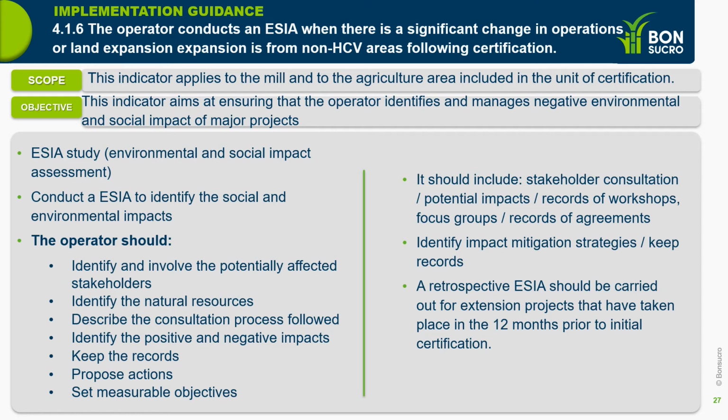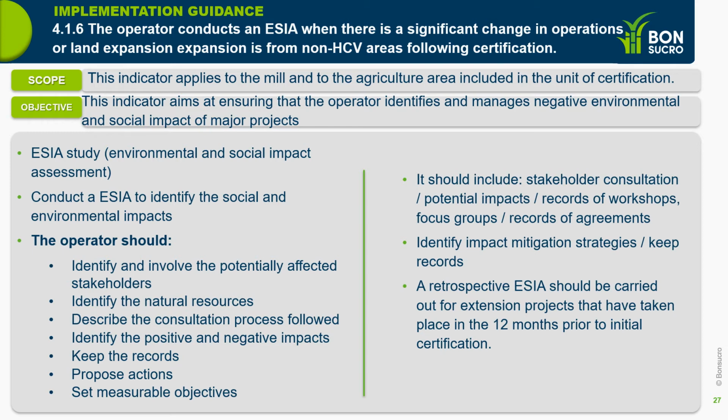What are the impacts on water, impacts on the soil, impacts on the air, potential impacts. Of course, identify the way to mitigate those impacts, and keep the records of this process.